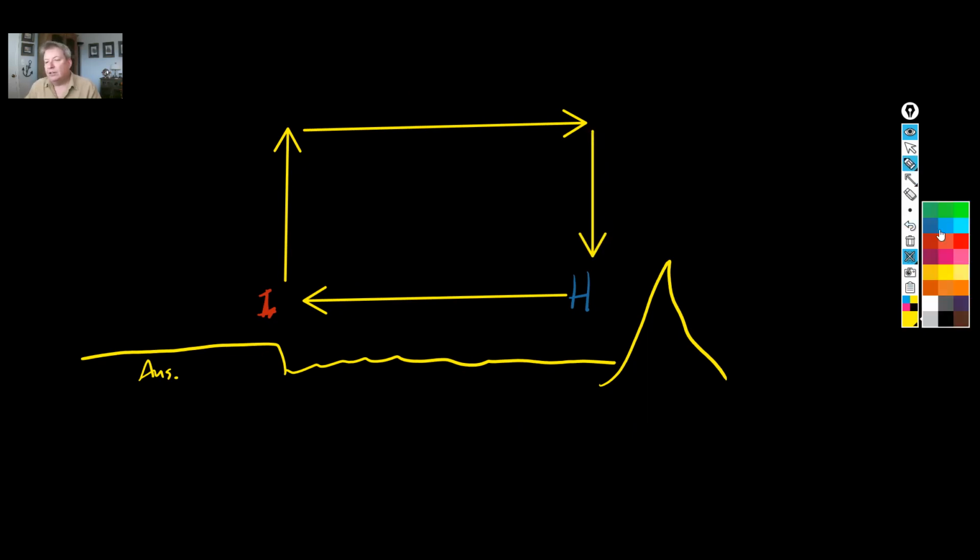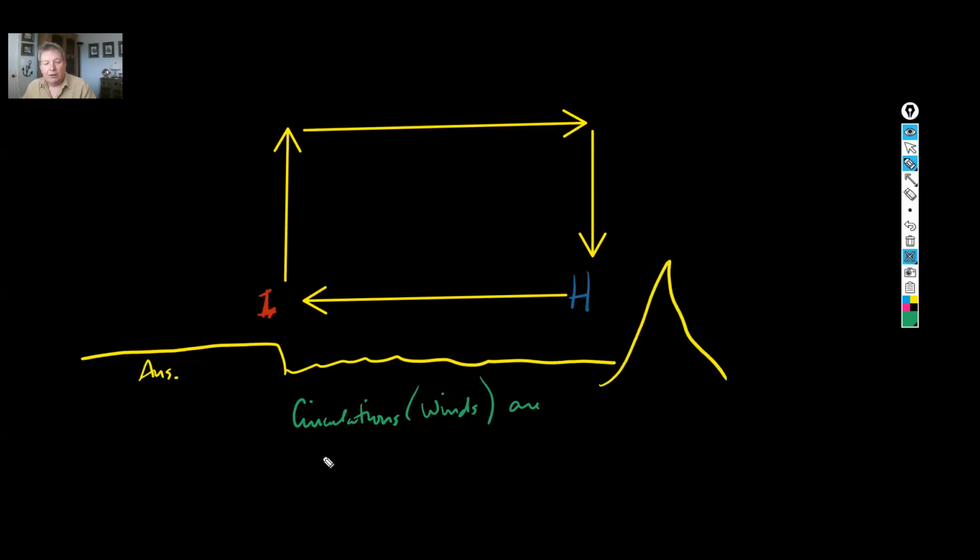And the key thing here to remember is that circulations, or in other words, winds, are firstly a result of a pressure gradient.